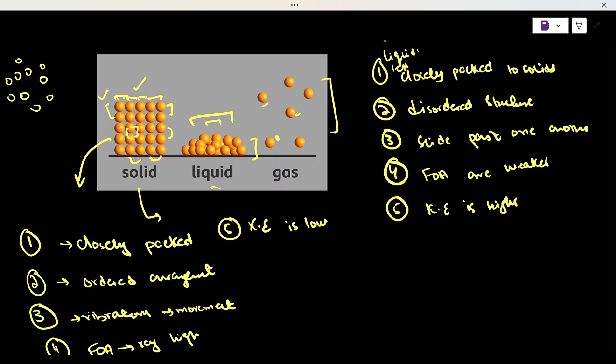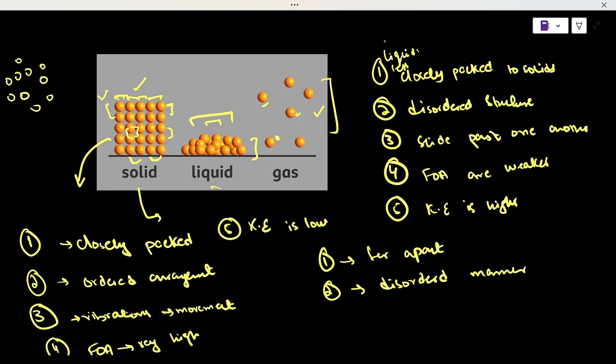And you can go the same way for gases. I'll quickly go over that. Gases are not closely packed. You can already see that the particles in gases are very far apart. The second point is that the particles are not in an orderly manner. This is a very disordered manner, so you can say no order at all.